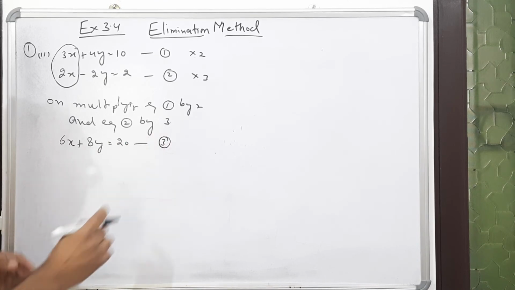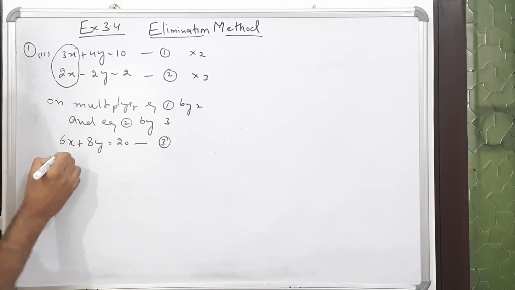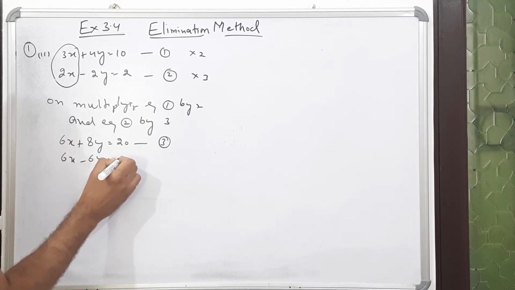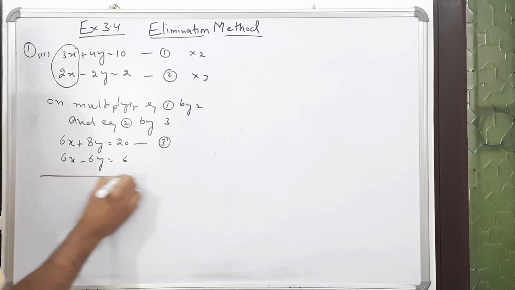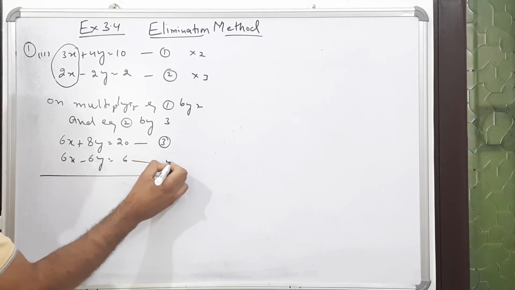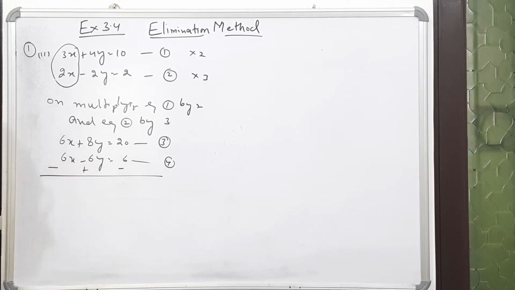We can say this is the third equation. And the second is 6x minus 6y equals 6. Now we subtract. We can say this is the fourth one, and when you subtract it is minus, plus and minus.